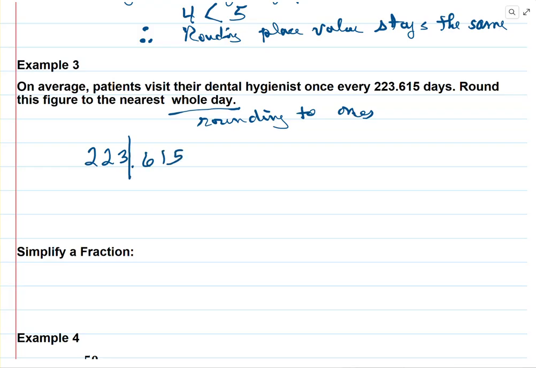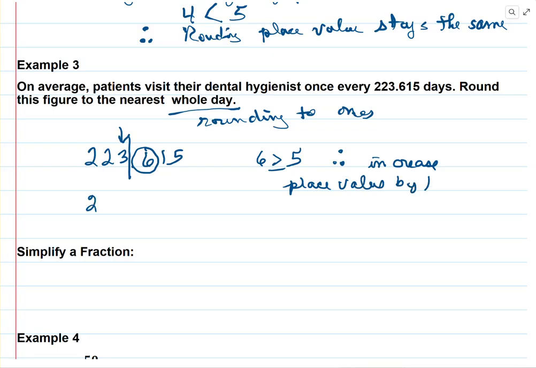We're rounding here to the ones digit, and we're evaluating with this digit 6. 6 is greater than or equal to 5. Therefore, increase the place value by 1. So that would make it 224 days. And it's an approximation, and it's pretty accurate.